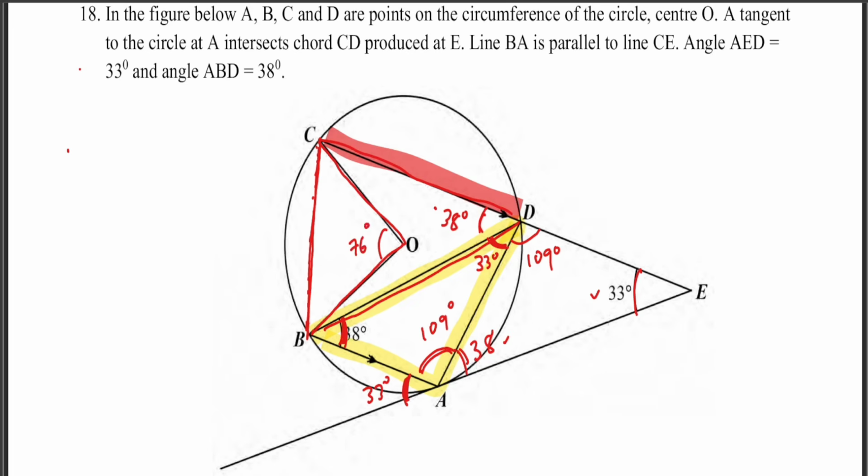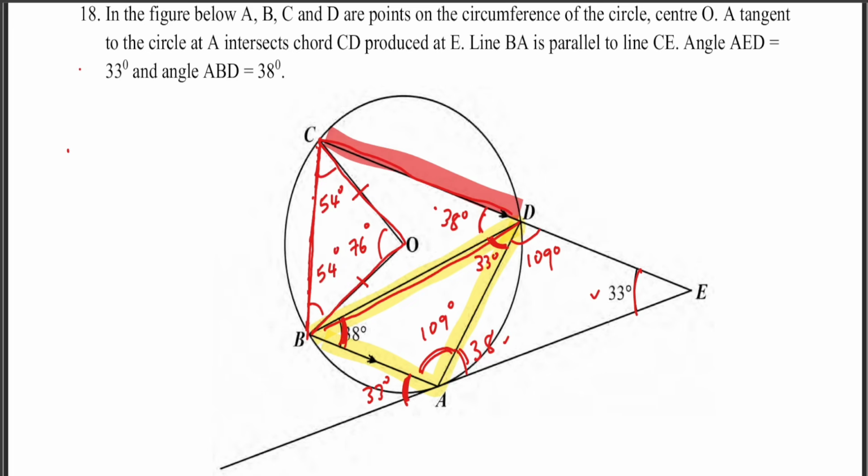So this is 76 degrees. And we know that OC and OB are radii, so these two angles are equal to each other. So if you take 180 minus 76, it gives you 104. But that 104 is divided by 2 because the two angles share the 104. So it gives you 54 degrees. So basically this is 54 degrees and this is 54 degrees.